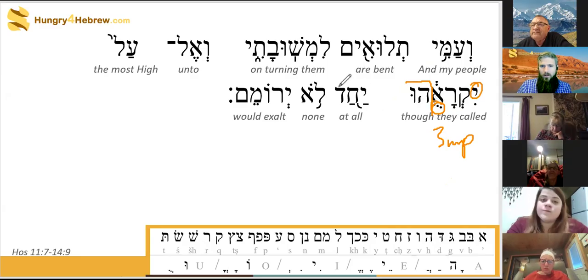what are they called? Yachad, altogether, lo yiromem. It's still a yiktol, right? Still a yiktol, but now it's a 3MP instead of a 3MS. Here's one for bonus points. How can we turn this 3MP yiktol with the pronominal suffix into a 3MS?